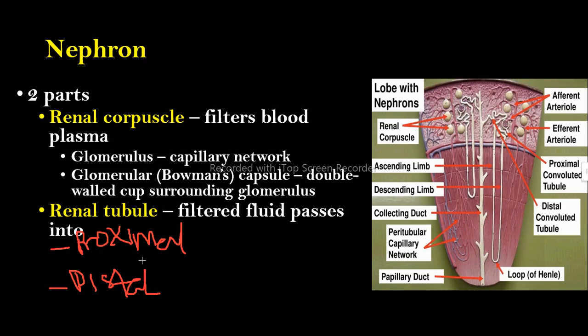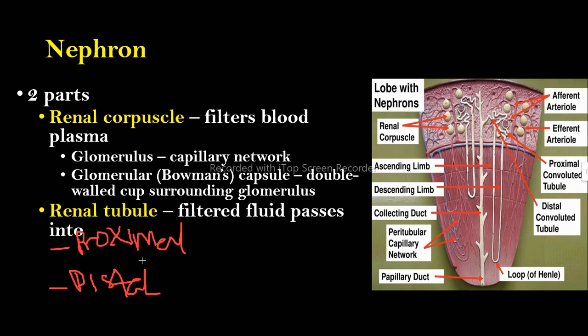And distal comes from distant, which means far. So now we name these tubules basing on the renal capsule. Now the one that is close to the renal capsule is known as the proximal.